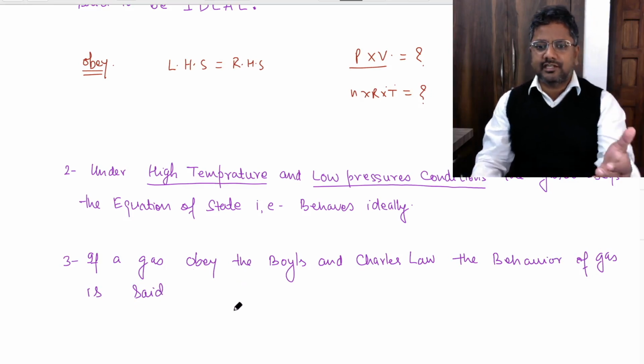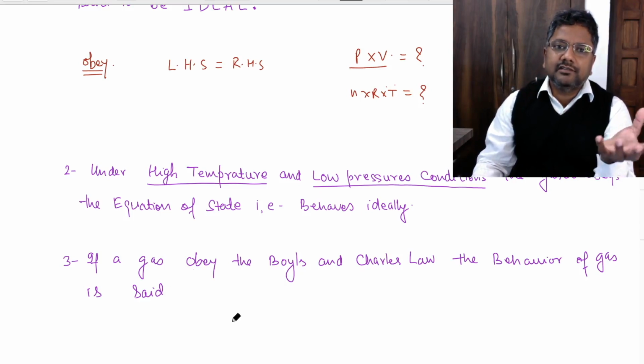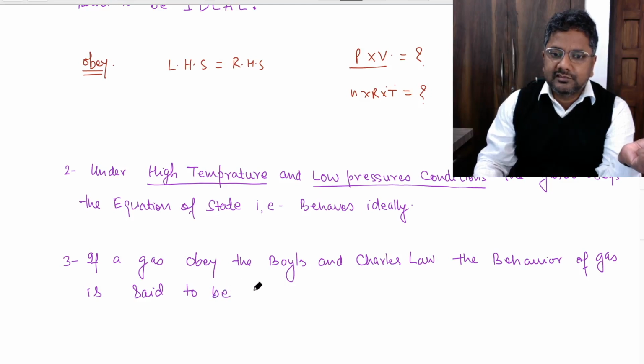Because this equation of state is basically the combined gas law, you can say, combined Boyle's and Charles' law. So the behavior of the gas is said to be ideal.